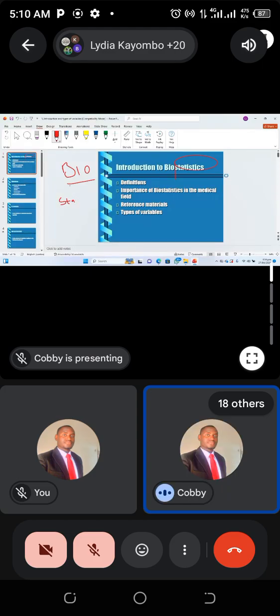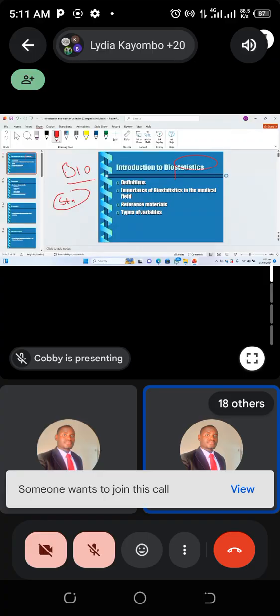Bio is from the very familiar word biology. So bio represents living organisms, represents life. When you hear bio, it represents life, living organisms. Then we have statistics, which refers to the numbers, like you have put it.